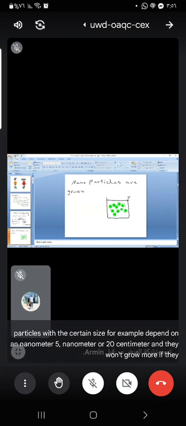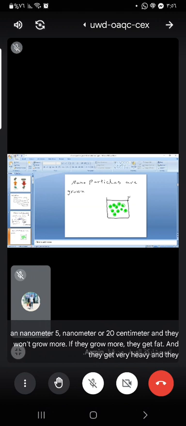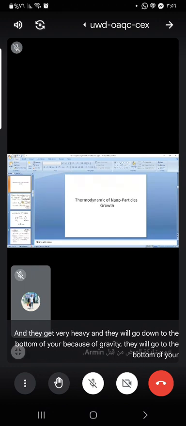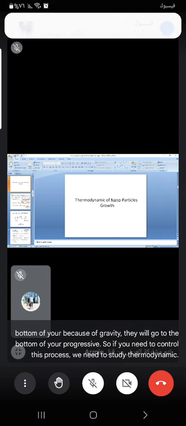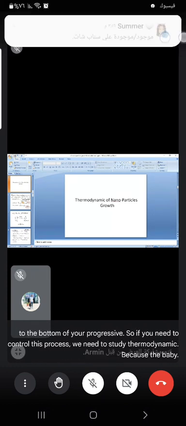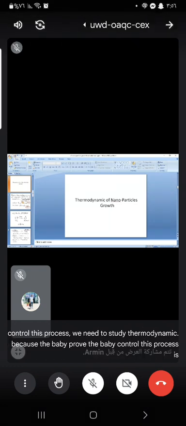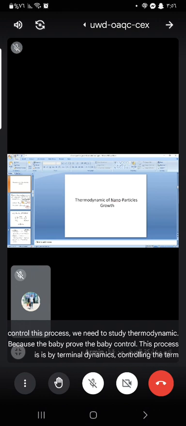If they grow more, they get fat and very heavy, and because of gravity they will go to the bottom of your vessel. So if we need to control this process, we need to study thermodynamics, because the way we control this process is by controlling the thermodynamics of the reaction.